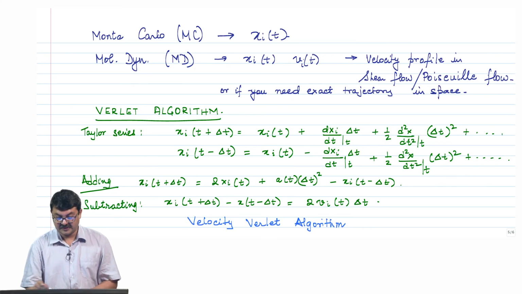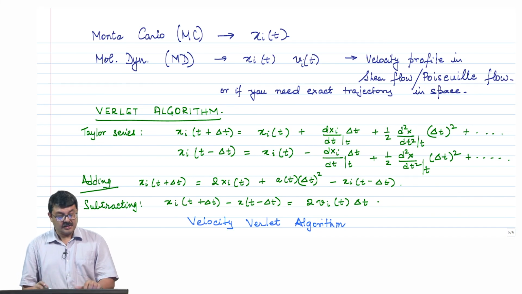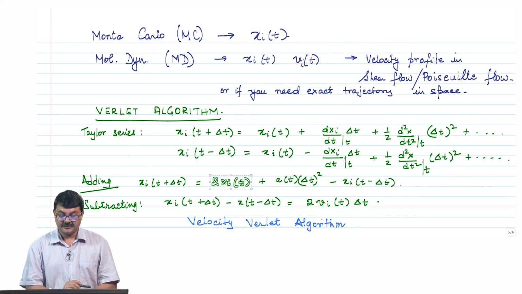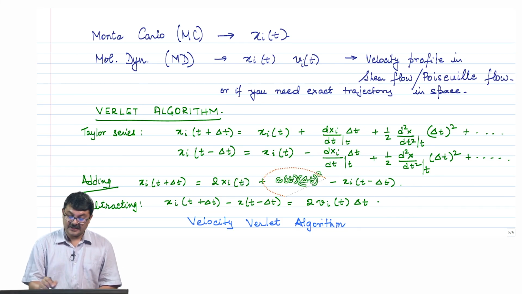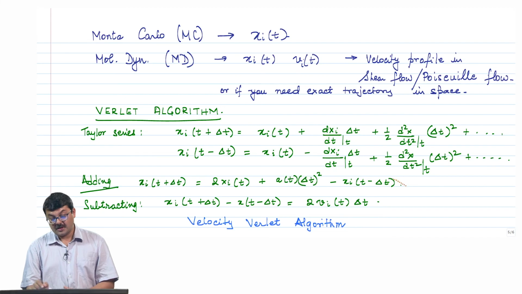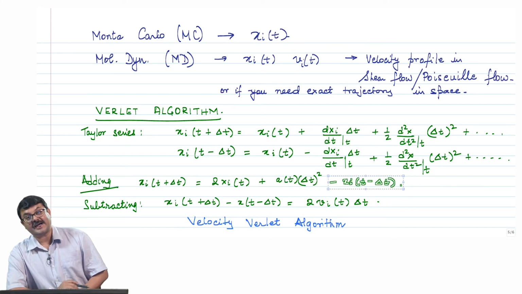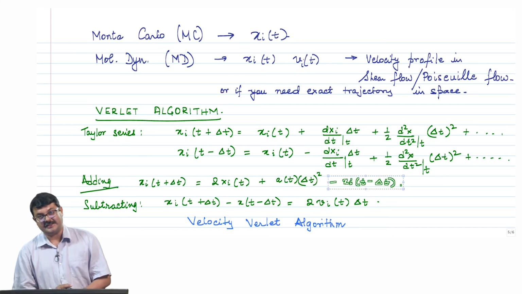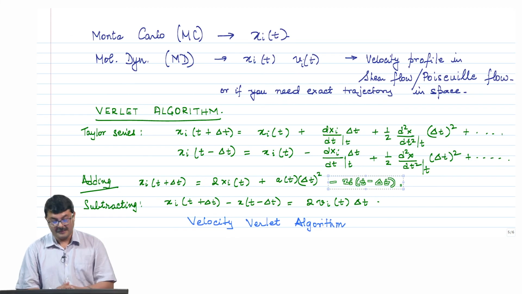So, this is your expression. Using Taylor series, if you want the position at time t plus delta t, you need the position at time t, right, and the acceleration at time t. Moreover, you need the position at time t minus delta t, right. So, 2 steps back.